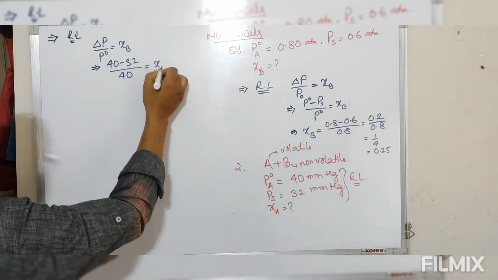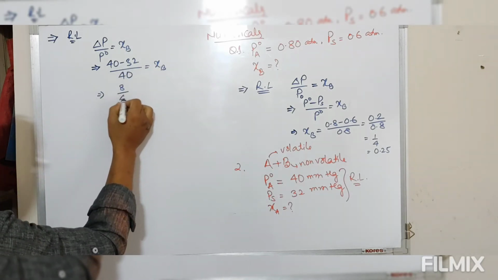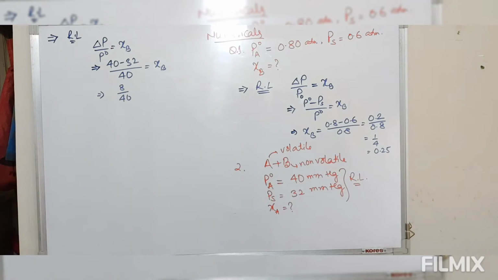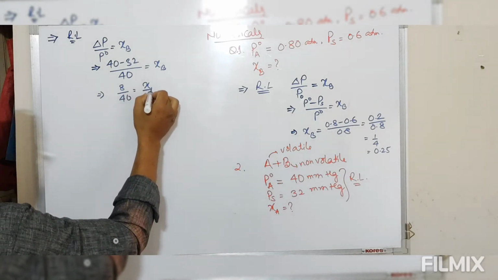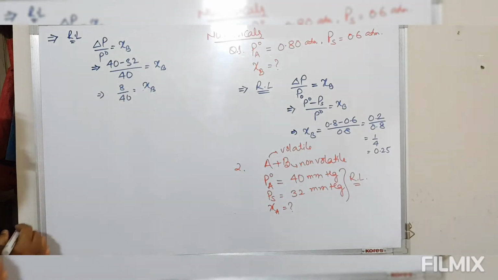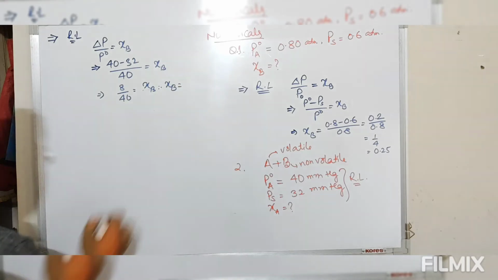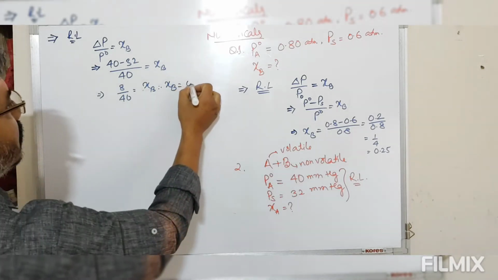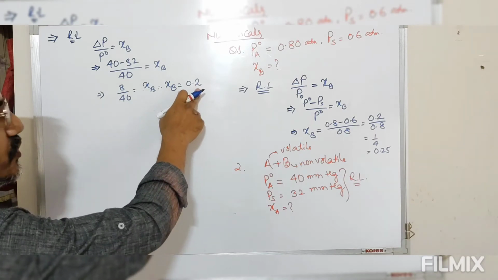This equals the mole fraction of B. So 8 by 40 is equal to the mole fraction of B, which is 0.2. The mole fraction of B in the solution is 0.2.